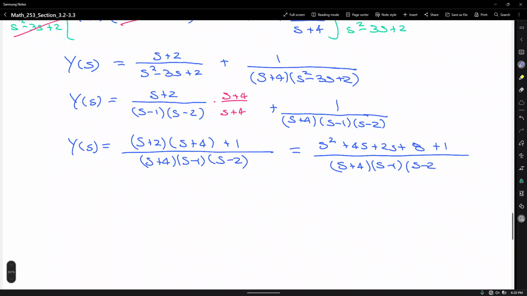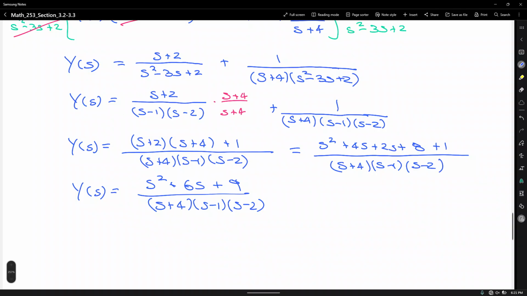There are no more quadratic terms, so y of s equals s squared plus 6s plus 9, everything divided by s plus 4 times s minus 1 times s minus 2. We have simplified the right-hand side. That's just a function of s.